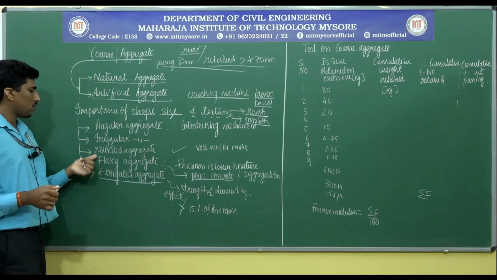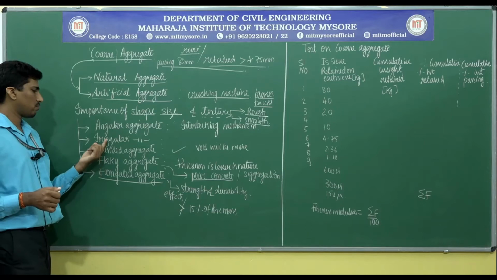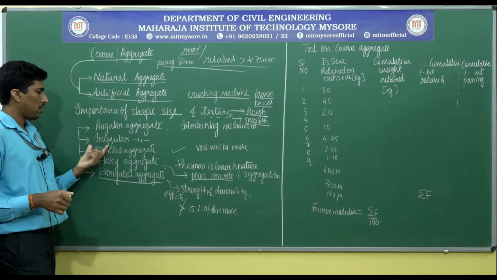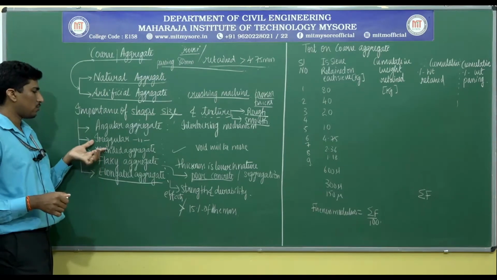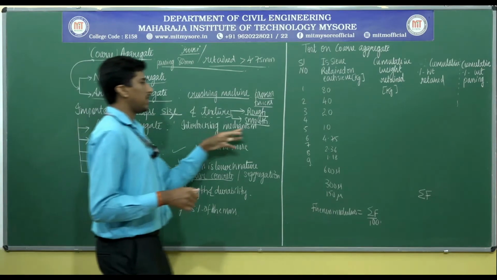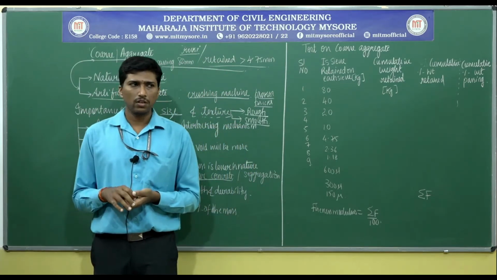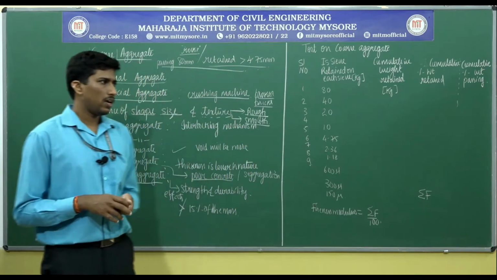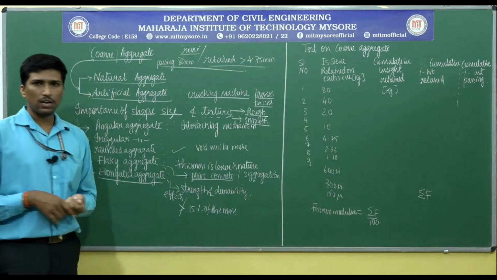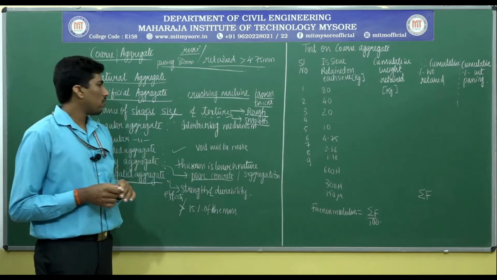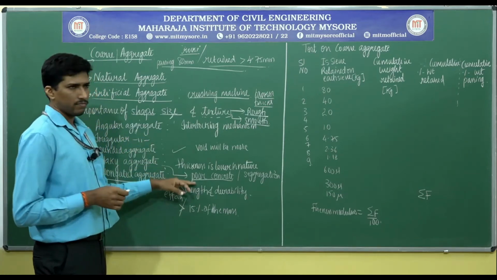In some other cases, not all the irregular aggregates, some of them, especially the rounded aggregate, have a smoother texture. Smoother texture mainly implies poor bonding.